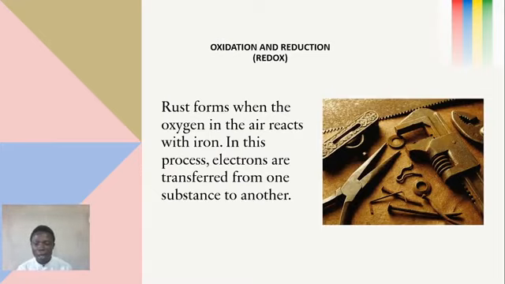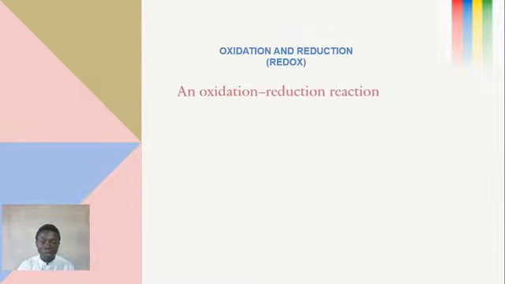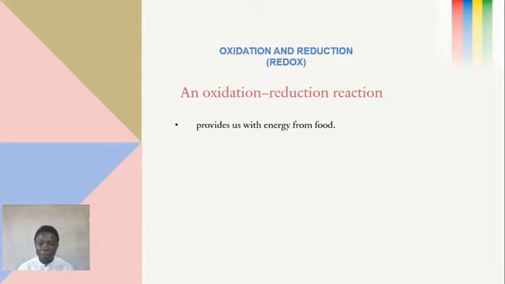So, a pictorial example where we have some metals that become rust as a result of oxygen reacting with the iron. Are we together? Good. Then, in oxidation reduction reactions, this reaction provides us with energy from food.